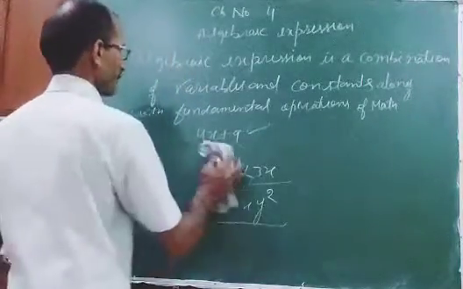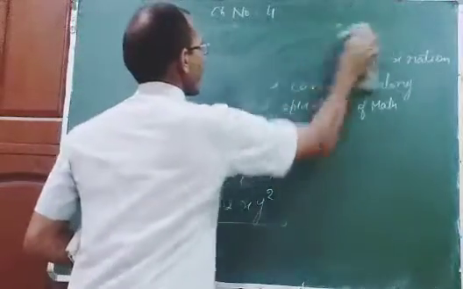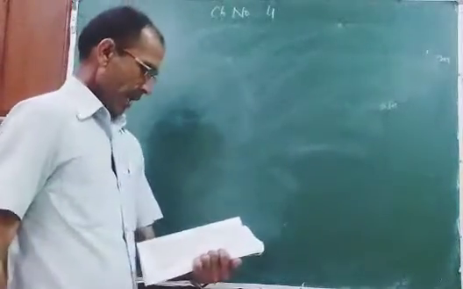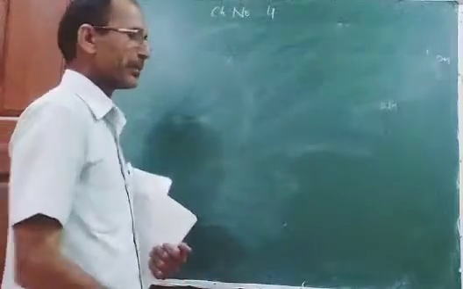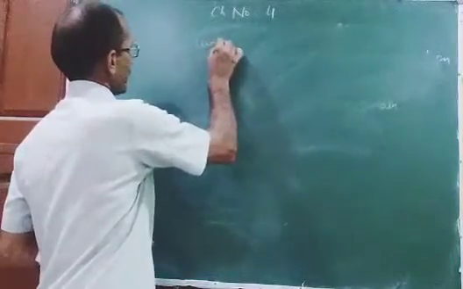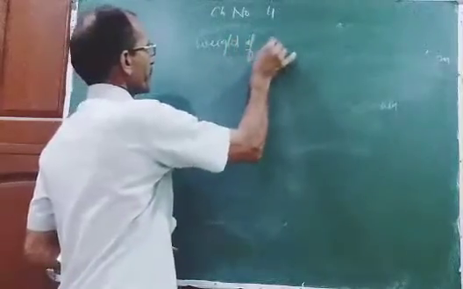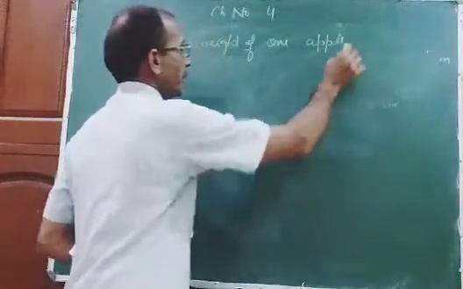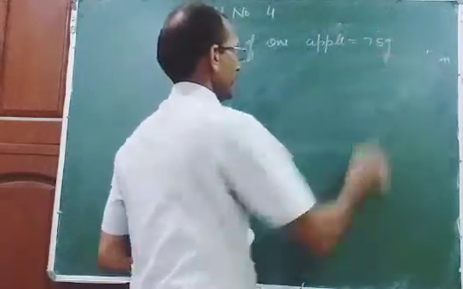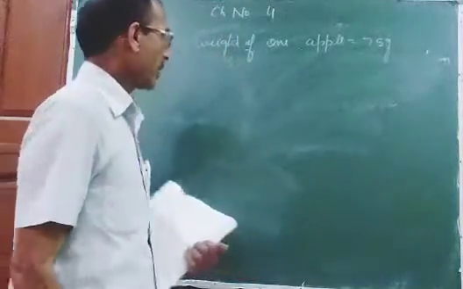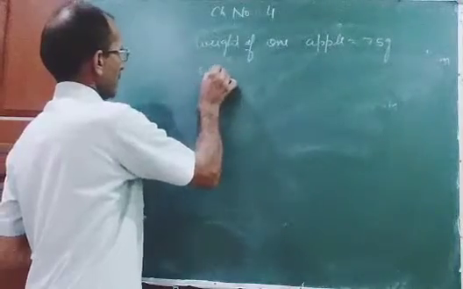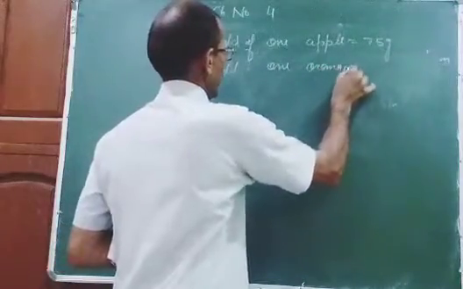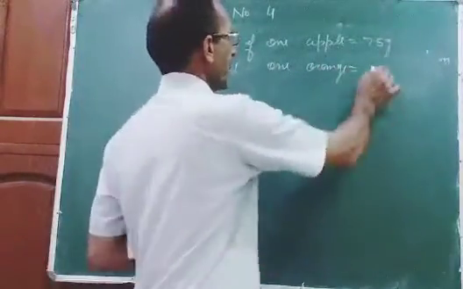The weight of one apple is 75 grams. The weight of one orange is 40 grams.